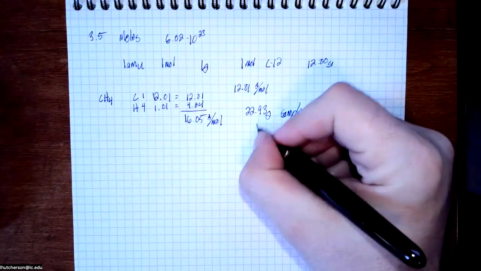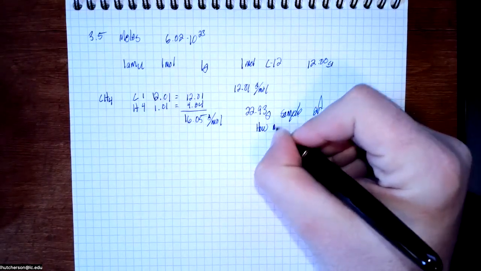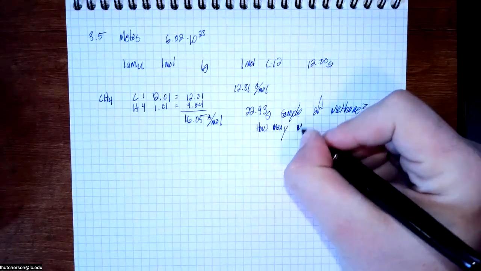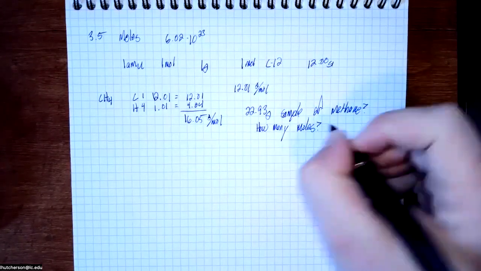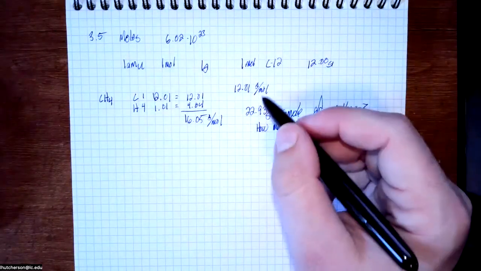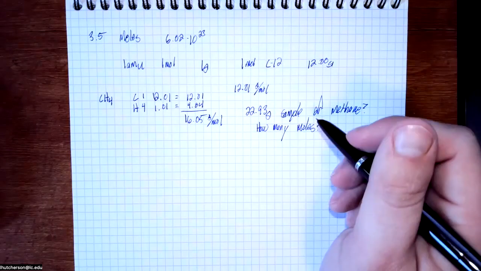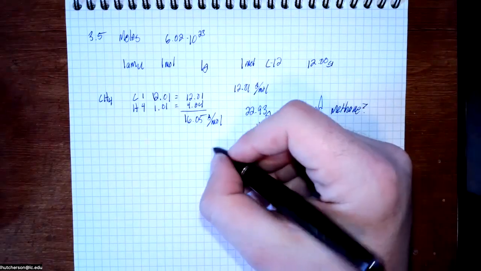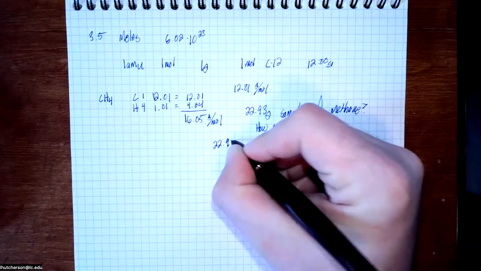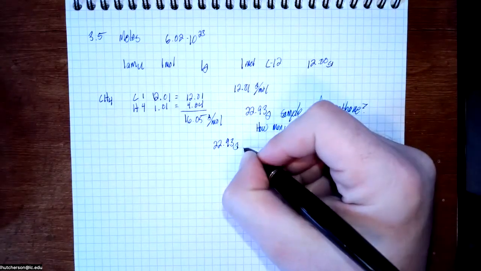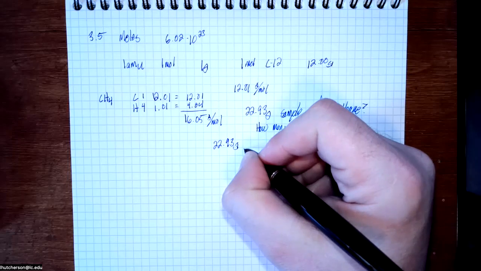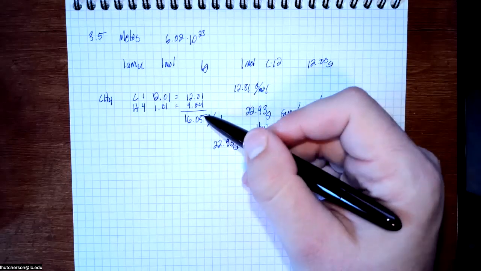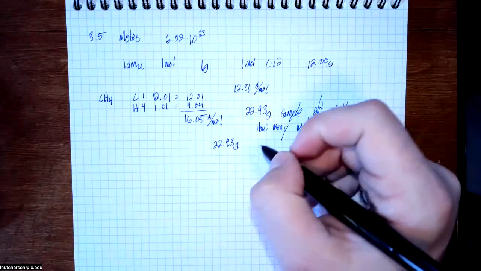I want to know how many moles. So 22.93 grams, how many moles? We know that it's 16.05 grams per mole for methane.